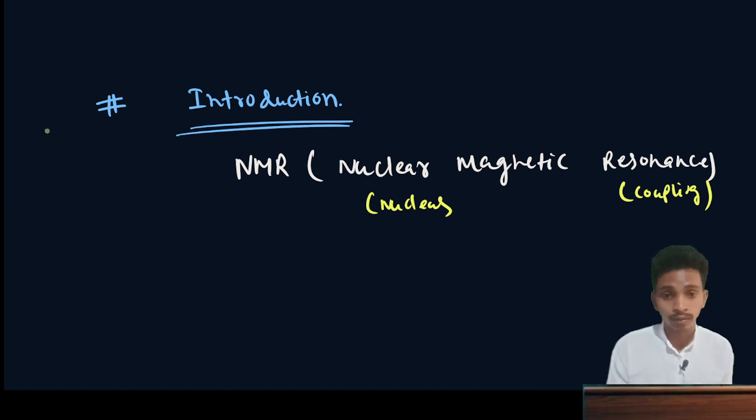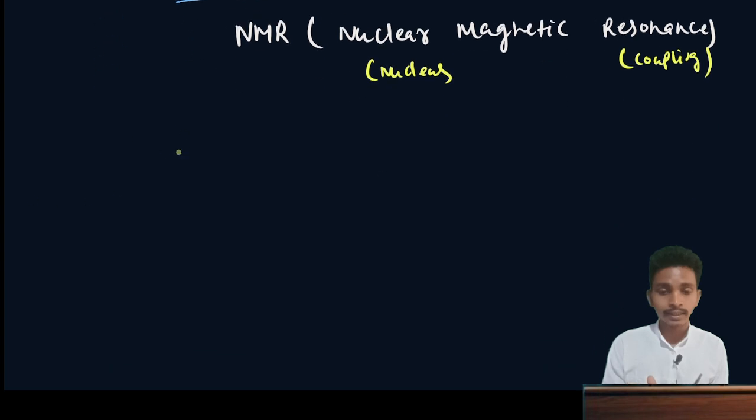The whole concept of NMR is based on the nucleus. So which type of atoms are nucleus active and which are nucleus inactive, that you also have to study. Let's say we have some atoms like deuterium, carbon 12, carbon 13, and let's say nitrogen.